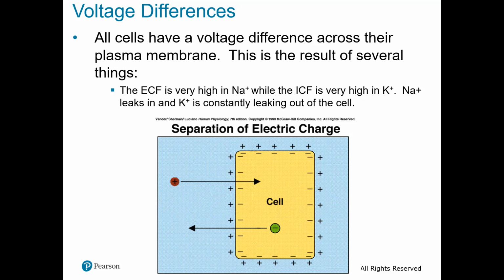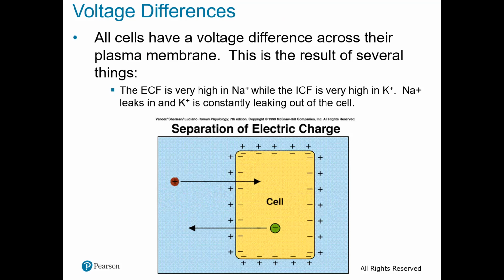High concentrations of sodium outside of a cell cause sodium to leak into the cell, and high concentrations of potassium inside the cell cause potassium to leak out. We don't want that. So we have to use the sodium-potassium pump to keep sodium high on the outside and potassium high on the inside.